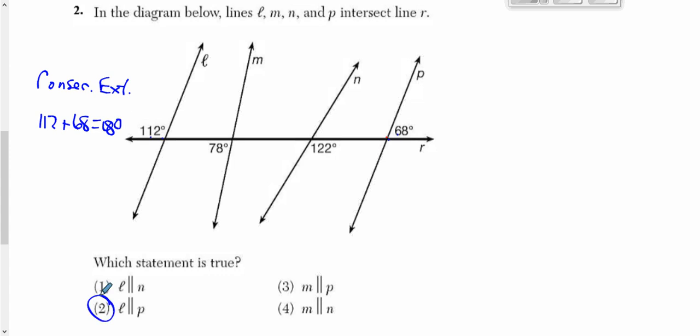Here's another way we could do it. We know that's 68, right? What's the measure of this angle here? 180 minus 112 is what? Right, linear pair, 180 minus 112 equals 68 degrees.